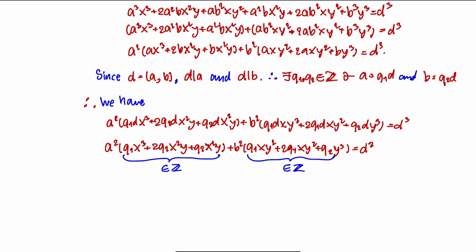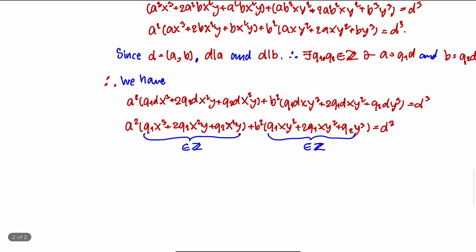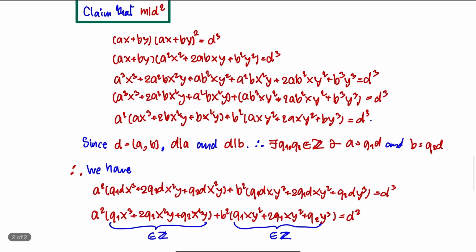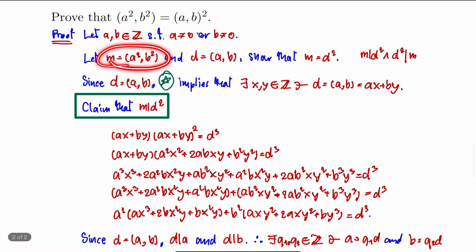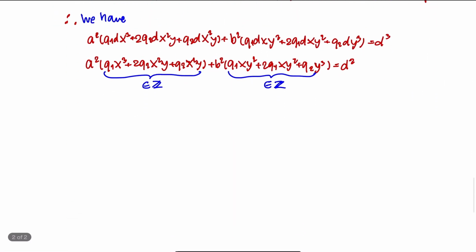So now what do we have? Since these are integers and we have m, which is a squared b squared, right? Which is the greatest common divisor of a squared and b squared. So what happened next?